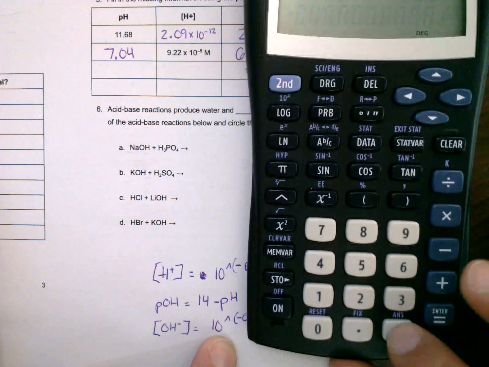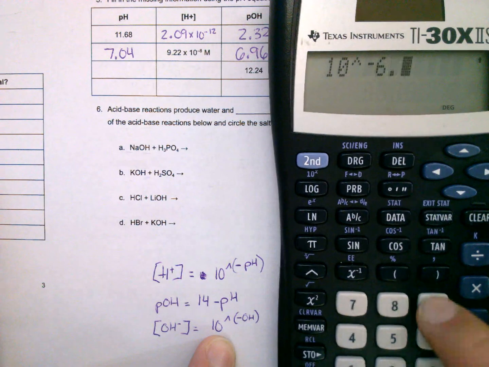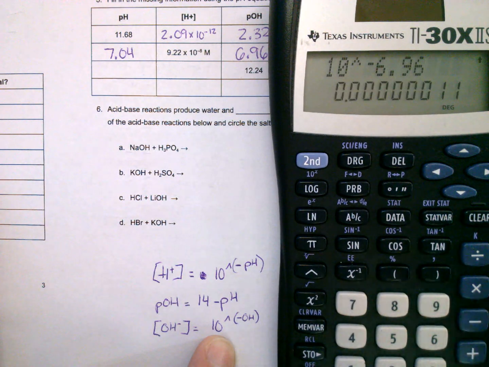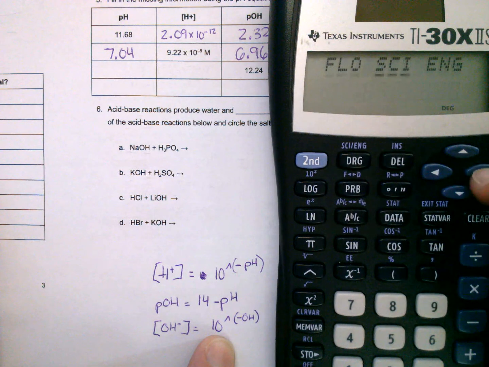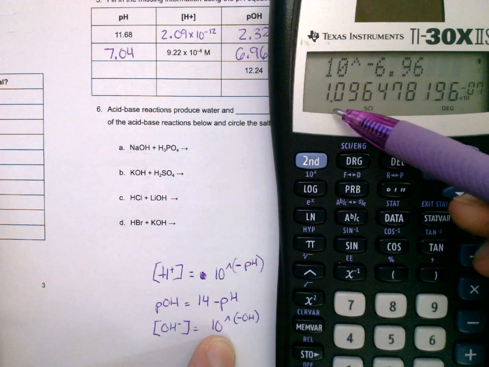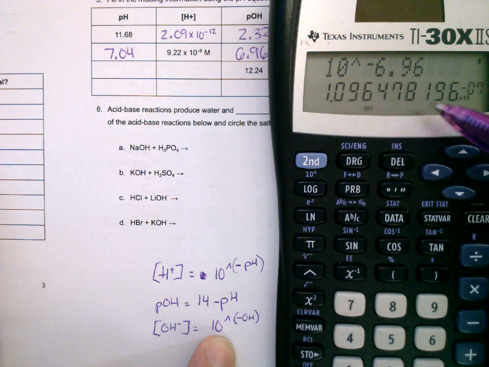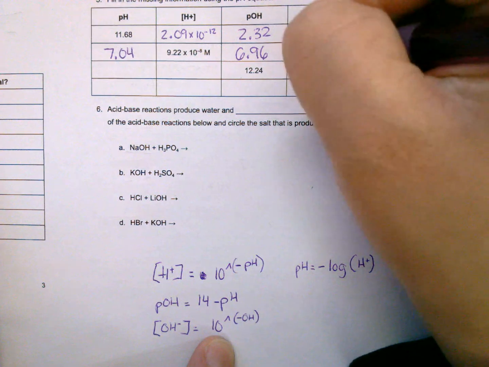So 10 caret negative 6.96. Again, a lot of zeros. Let's change that to scientific mode. 1.096, so we can call that 1.1 times 10 to the negative 7.